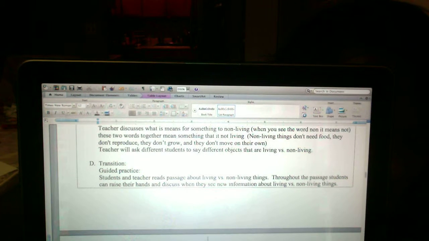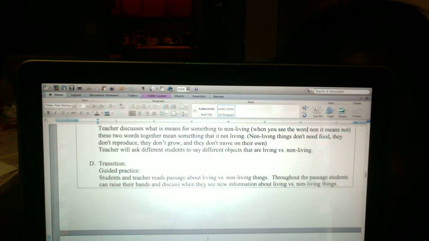For a non-living thing, when you see the word "non," it means "not." Therefore, when you put the words "non" and "living" together, it means that something is not living. Non-living things don't need food, they don't reproduce, they don't grow, and they don't move on their own. The teacher would then ask another question to assess what the students understand: look around the classroom and tell me some things that are living versus non-living.